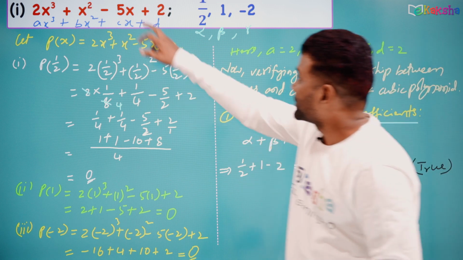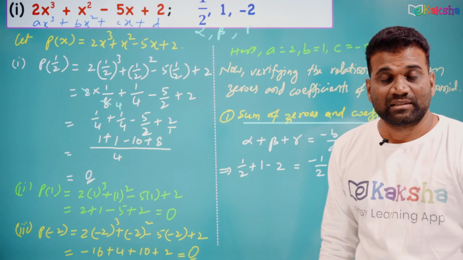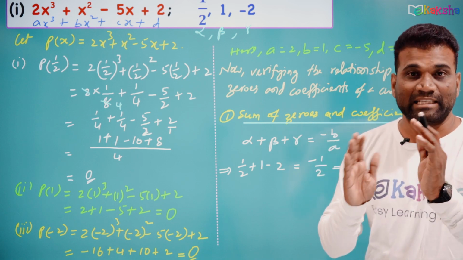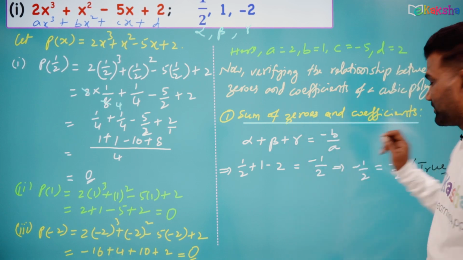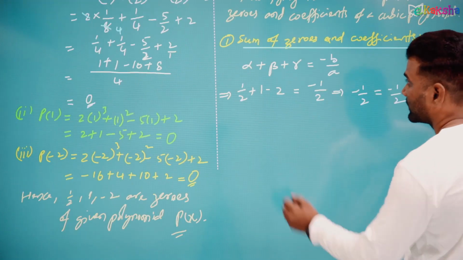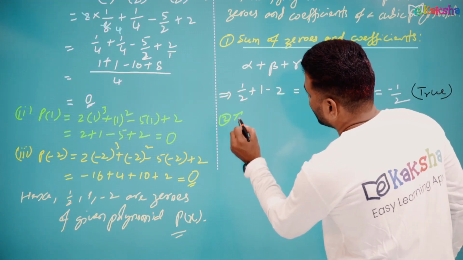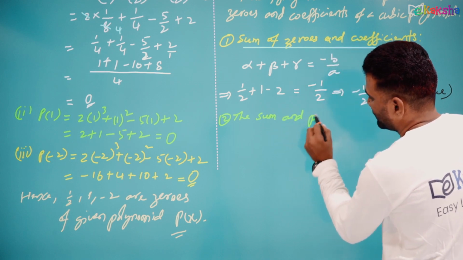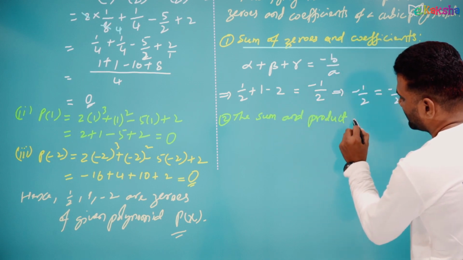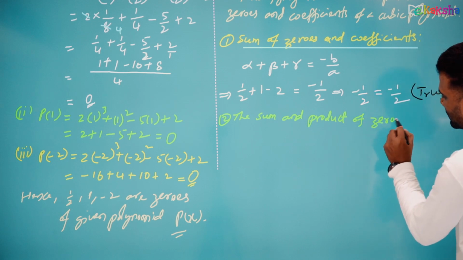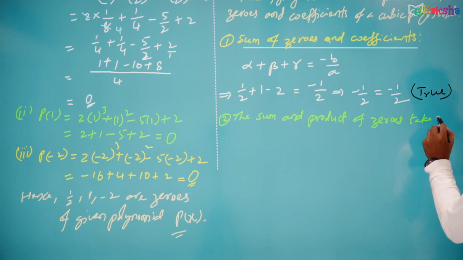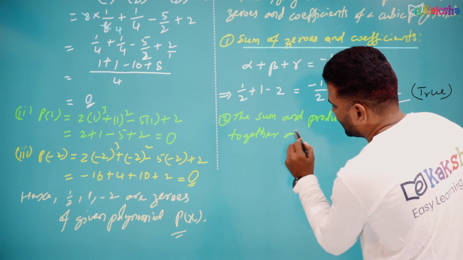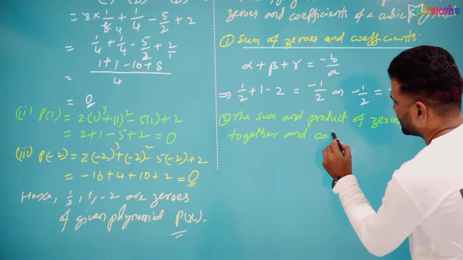Now the second relation. What is the second relation? The sum and product of zeros taken together and coefficients.